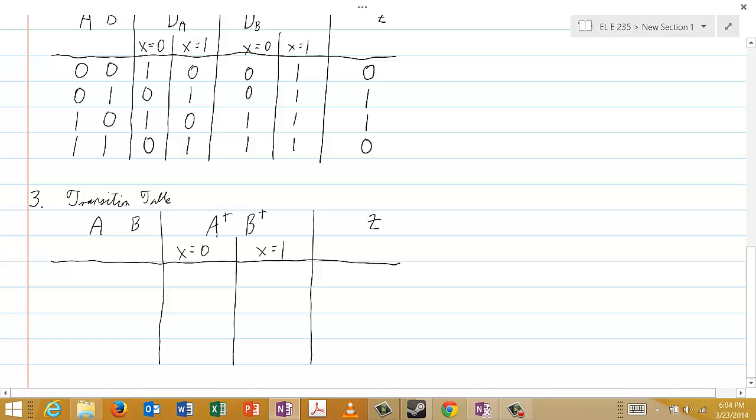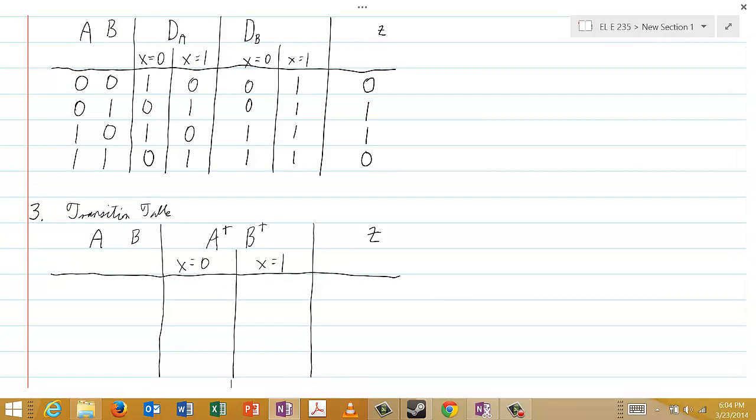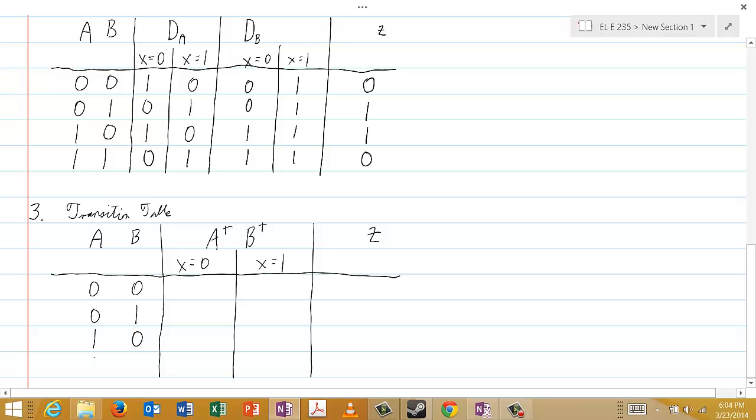And we can go ahead and fill in the first two columns. And now we're ready to find the next value of A and the next value of B for each of these possibilities.